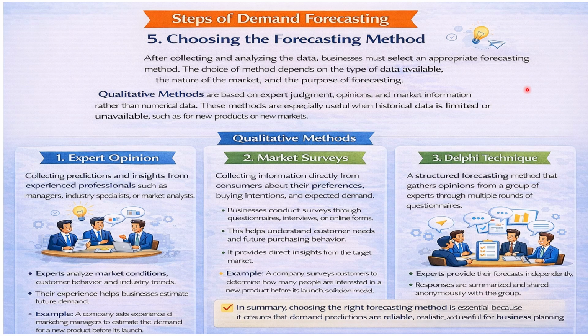Later we will see the quantitative method, but in this part we look at the qualitative methods to analyze the data and forecast the future demand for goods. Let's see them one by one.